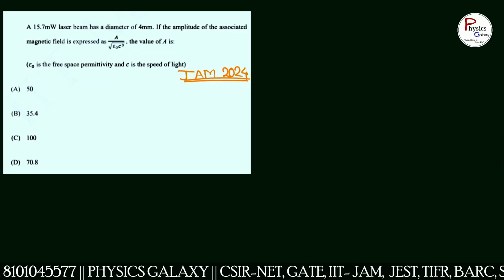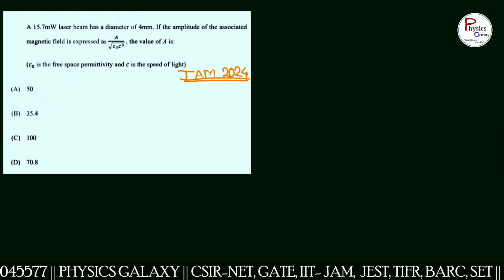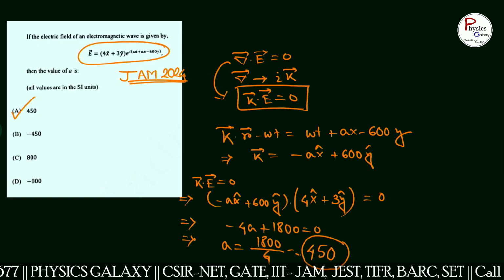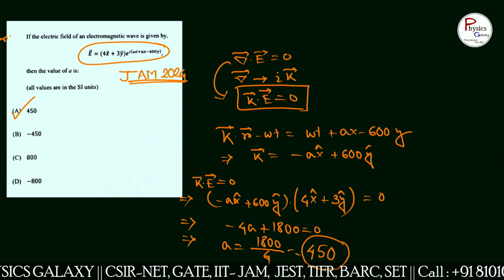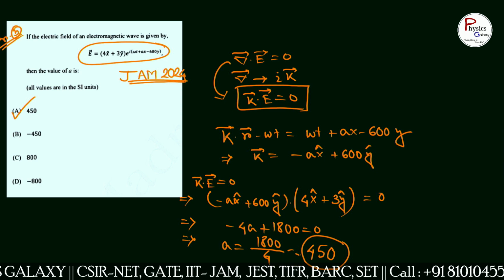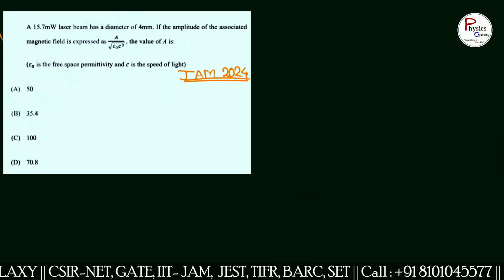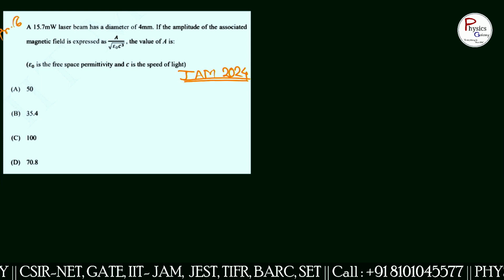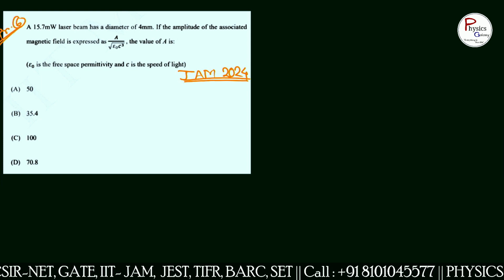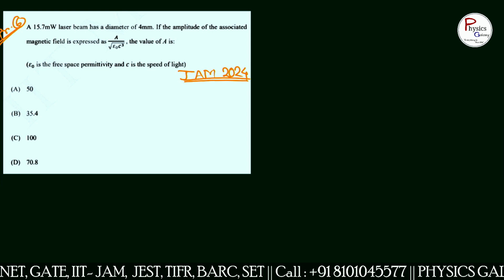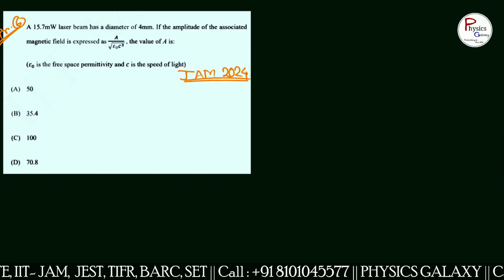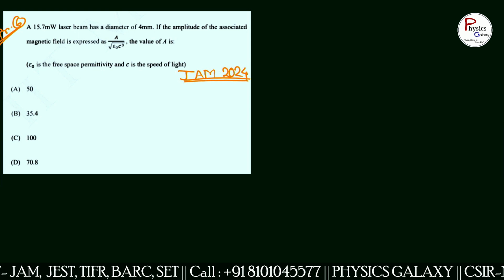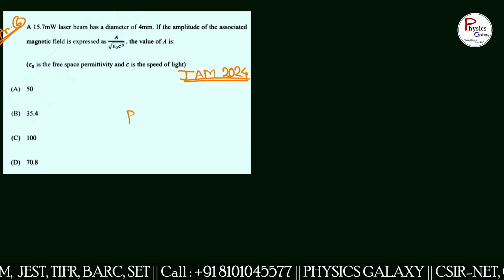Next, the question on the laser. This is problem 5, and next the 6th problem. A laser beam whose intensity was given in our problem, and we should find the A value. Now power is given here.